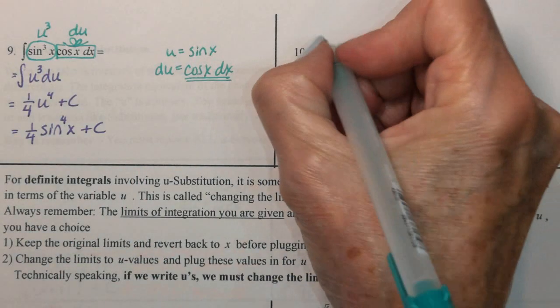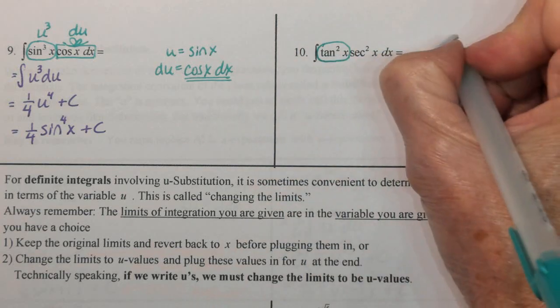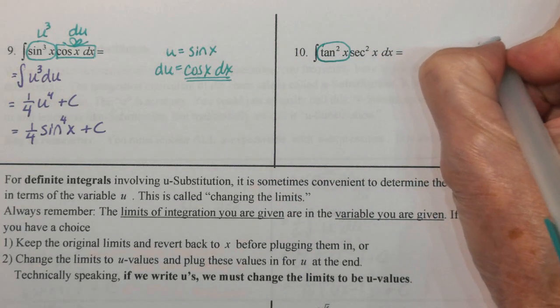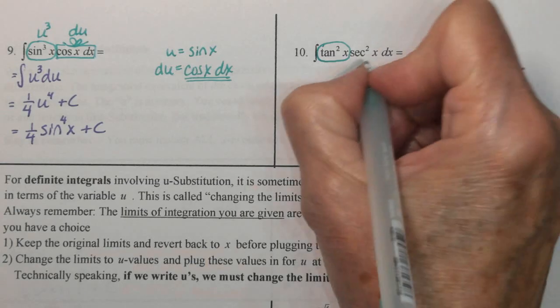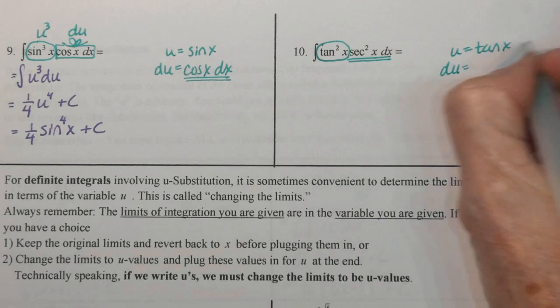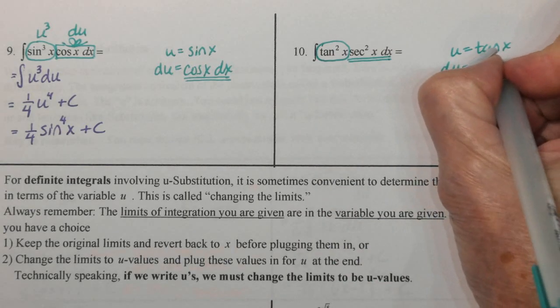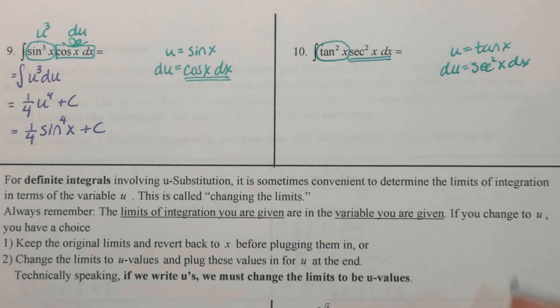I'm going to let u be tangent x, because what is the derivative of tangent x? Secant squared x, right? Which is sitting there, the Christmas present from Santa. Yes?